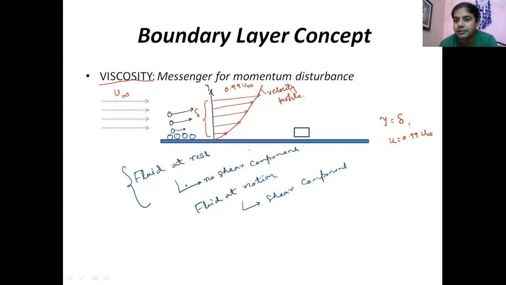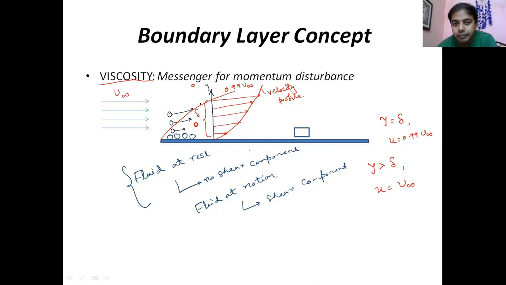Say there is a plate at a certain distance. If you go beyond y greater than delta, the velocity is very close to the previous velocity. So whatever molecules are here cannot feel the presence of the plate. But if a molecule is here, it can feel the presence of the plate. So there is a boundary.